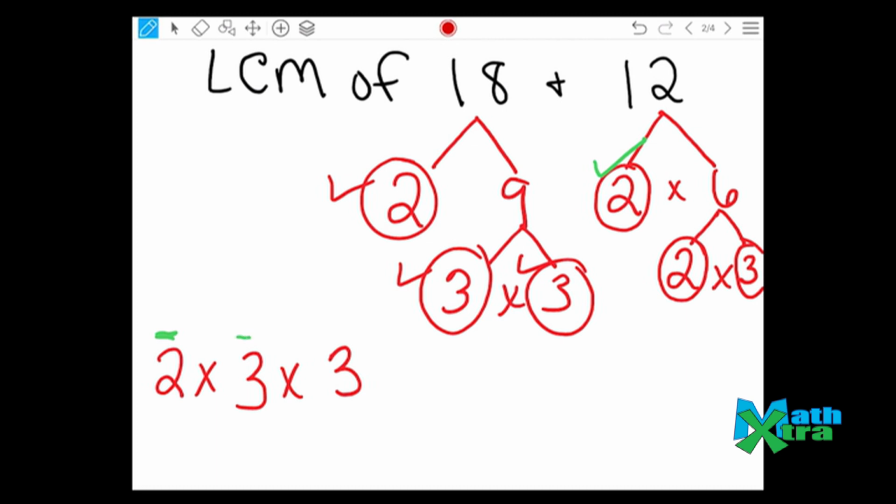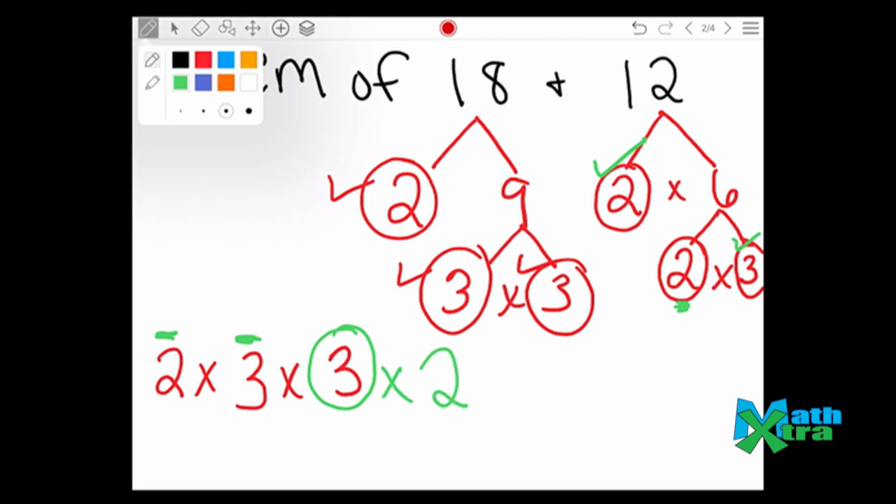We have a 3. 3 is already accounted for, okay? Remember, this 3 will always stay. We're not removing any numbers because remember, we're finding the least common multiple. It's going to be at least 18. We have to incorporate all of our prime numbers that are multiplied together. That gives us 12. What is left out is this 2 right here.